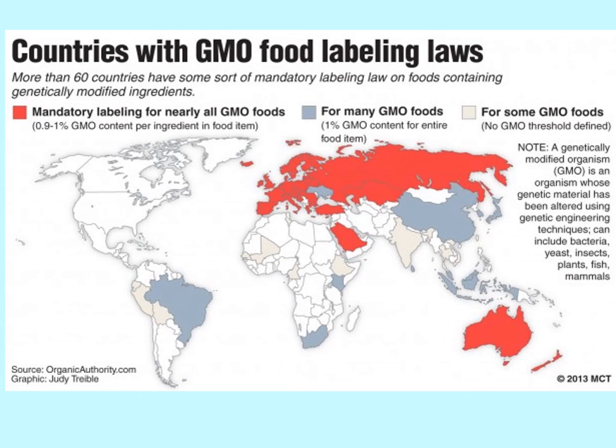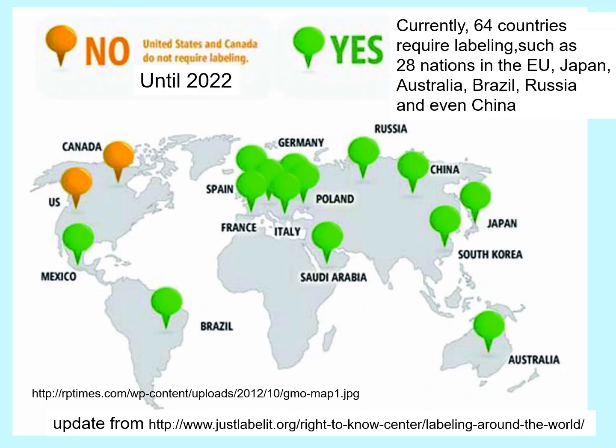Over 5% for the entire food is the only thing that will need labeling by 2022. So again, a slightly out-of-date map, all of the countries that require labeling, and two major countries, the United States and Canada, that do not. And the US will then require labeling in 2022.